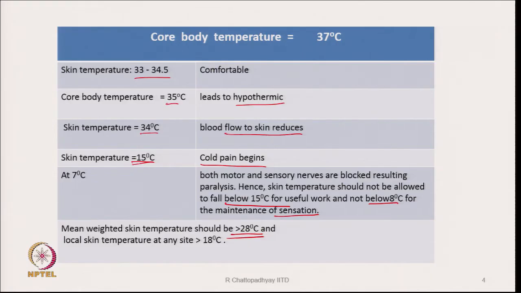So, they are not exactly constant, but the mean weighted skin temperature should always be greater than 28 degrees centigrade, and local skin temperature at any site should be greater than 18 degrees centigrade, so that we do not feel the cold pain. So, these are some of the temperature thresholds which are important while designing clothes, especially for cold climate or cold environment.